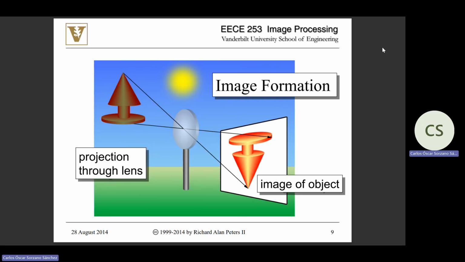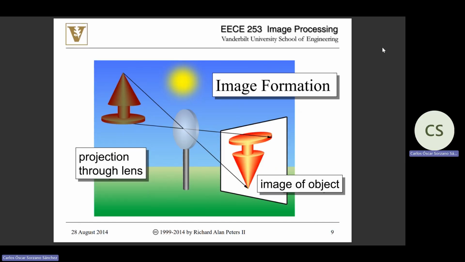Some of the photons go away, they're collected by the lens, and they're projected into the image plane. So this object is 3D, but the image is 2D. And typically, if you studied a little bit of optics, the lenses normally invert the images.